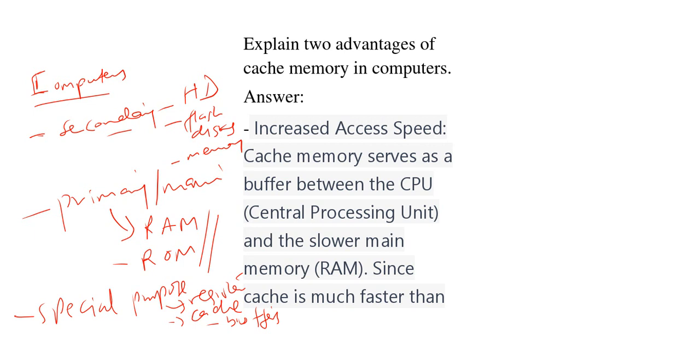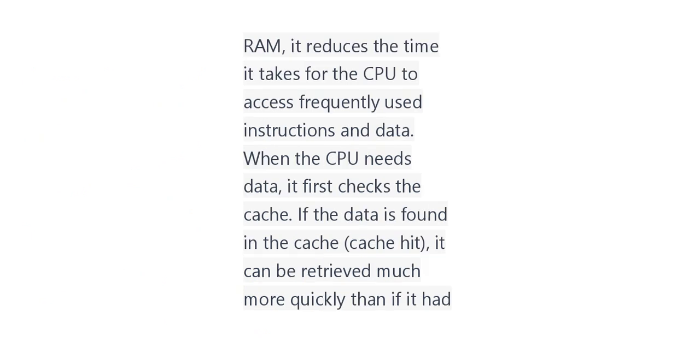So what I have just said, it will take the CPU shorter time to get data for processing from cache memory than it takes from RAM, and in that case the performance is improved. So increased speed is the first one. So the whole of this explanation talks of the cache memory, how it does to improve the speed of the CPU.